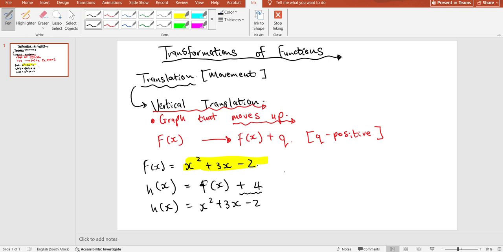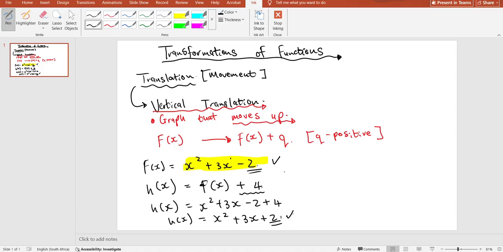But there's still this plus 4 that I need to account for. And if you do your like terms there, you should see that the new graph is x squared plus 3x with the plus 2. So comparing these two equations, they are different. How? Because this one was at -2 and this new one is now at +2.